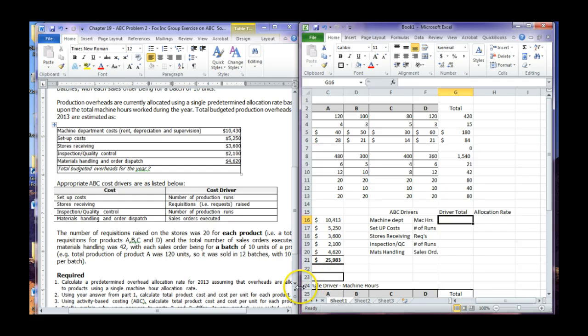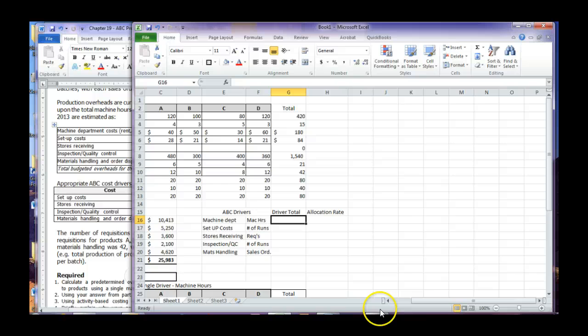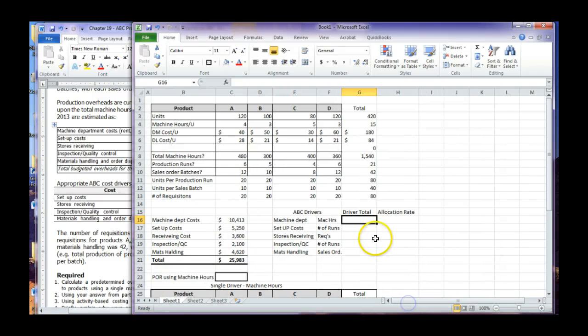Now that I have this, actually, I'm going to make this a little bit larger so we can work with it a little bit more. My total number of machine hours. Luckily I totaled that. My setup cost is my total number of runs. You better run! Total number of runs, 21, there it is, production runs.